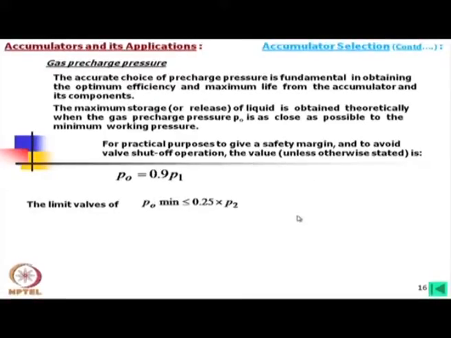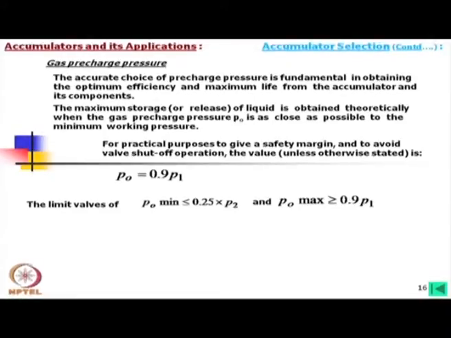The limit values of P0: P0 minimum is equal to 0.25 into P2, where P2 is the maximum pressure, mind it, and P0 maximum is 0.9 of P1. So, P0 should be 0.25 into P2.